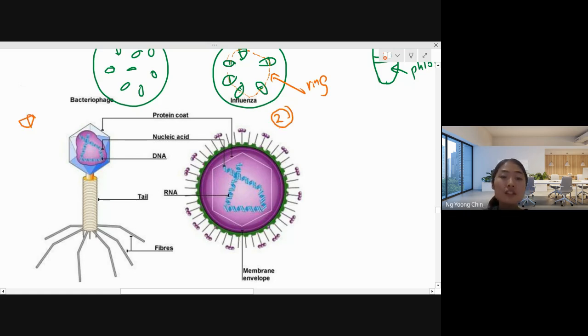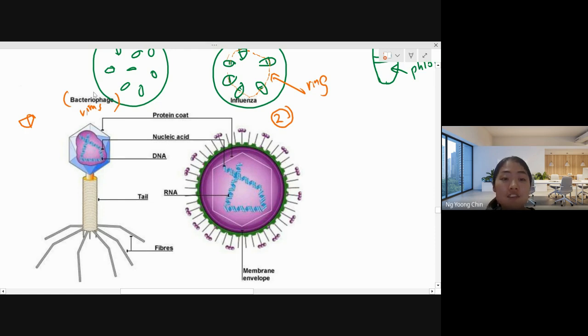The first one, these virus particles, are known as bacteriophage. Bacteriophage is a kind of virus. You will learn it in another chapter. Some students, when they look at this bacteriophage, think it's a bacteria, but it's not. It's not bacteria, it's a virus.